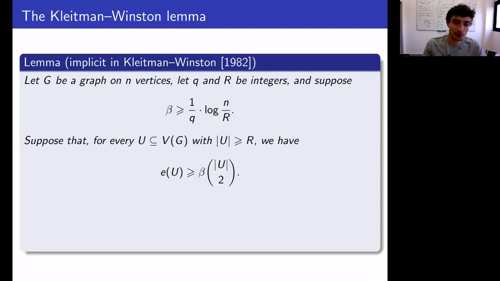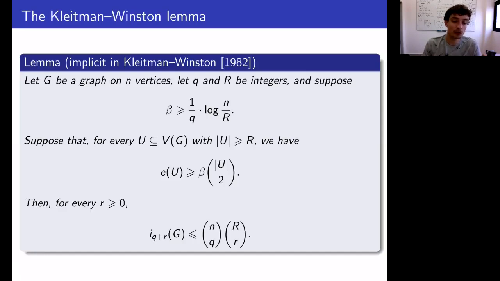And we further assume that every subset of the vertices of G, which has at least r elements, has density at least beta. So the number of edges is at least beta times U choose 2, the number of pairs of vertices in U. Under this assumption, we can prove the following bound on the number of independent sets of size q plus r.